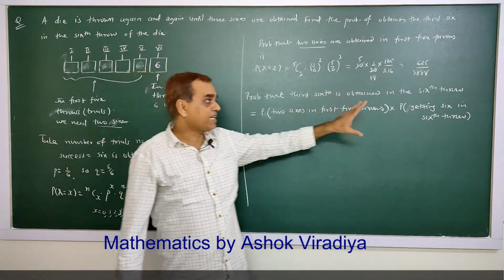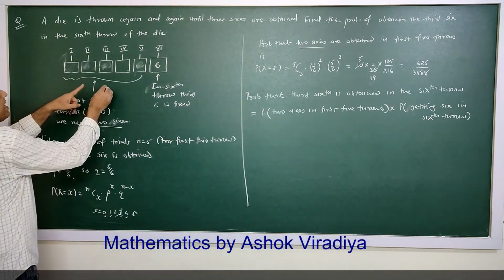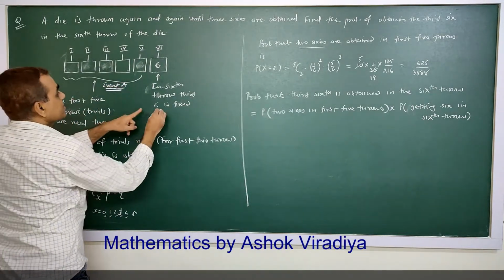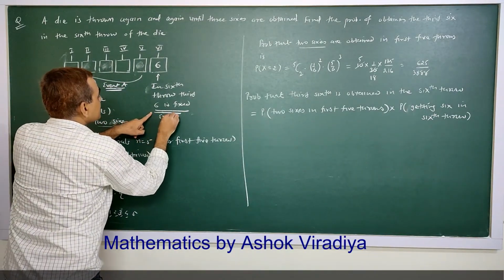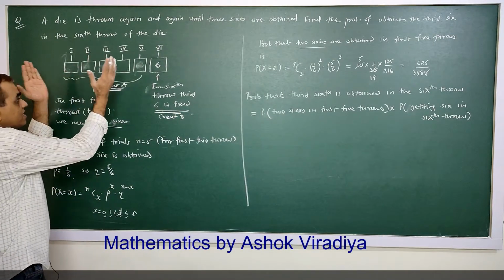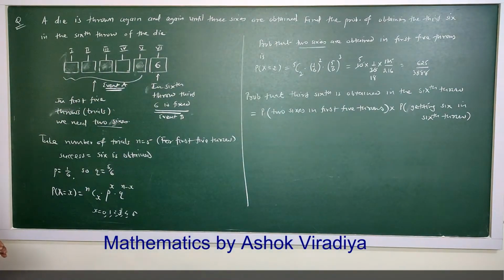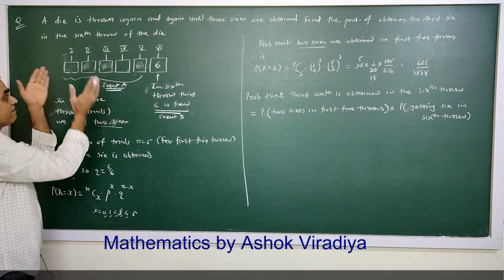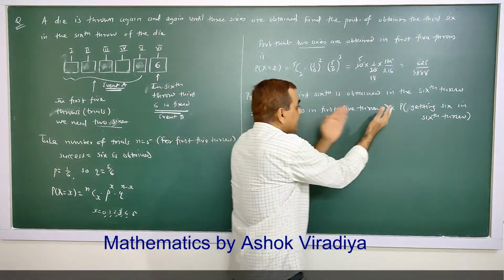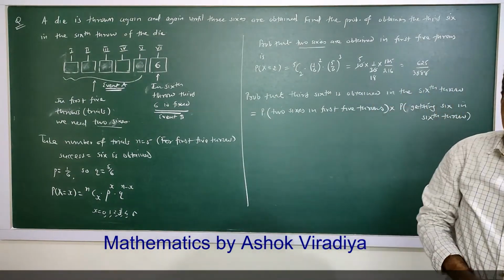So here these are independent events. If we consider this event as event A and this event as event B, then what we need is A intersection B. Here we are finding the probability of A intersection B, that is probability of A into probability of B, because these are independent events.